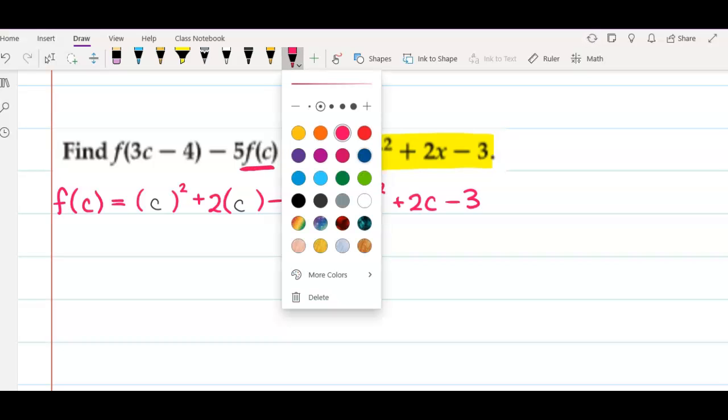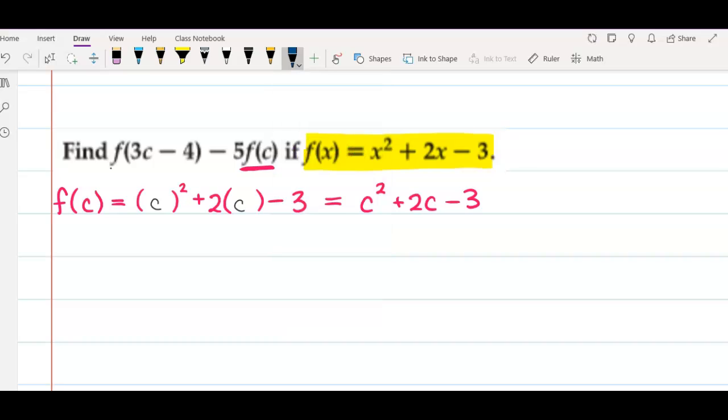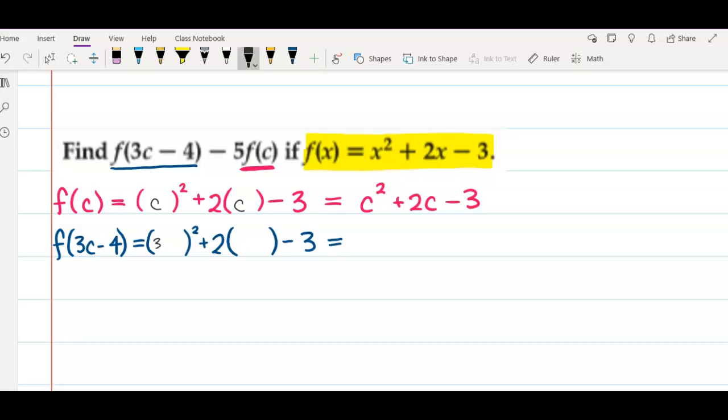Next, I'm going to compute f of 3c minus 4. So again, I'm going to rewrite my expression, but I'm going to replace my x value with 3c minus 4.